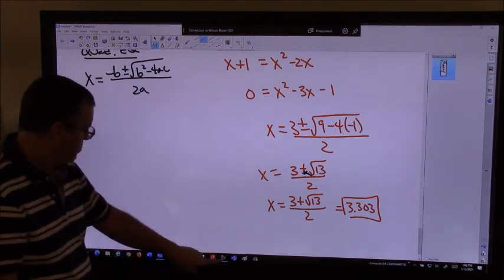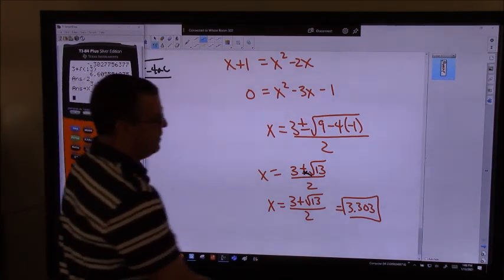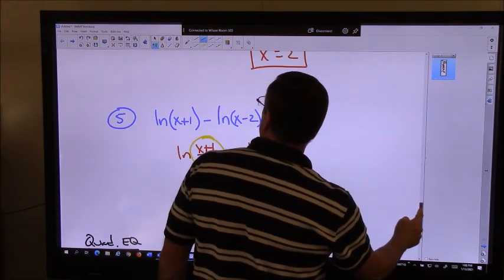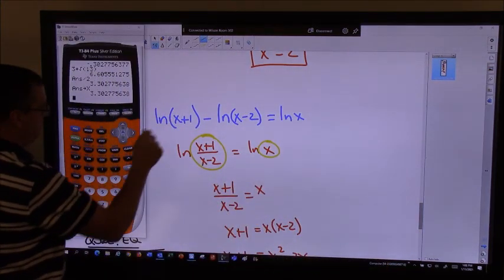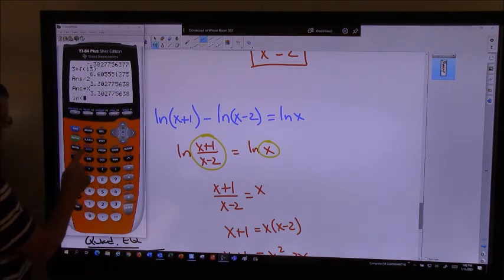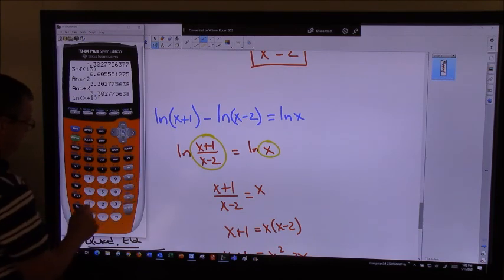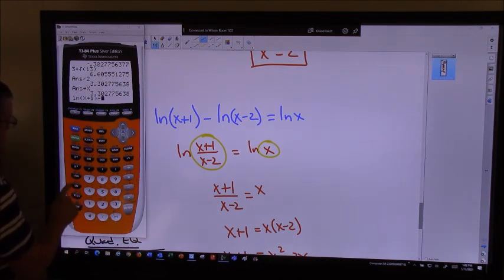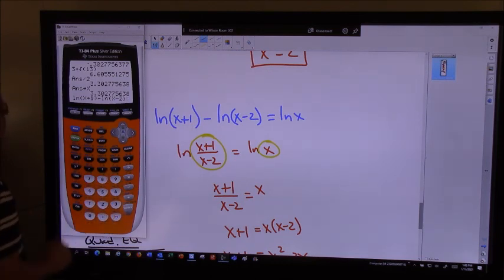Okay, you can even do this with your calculator. Use the store button and go store x. So I just stored that value. And now to check this, I'm going to go back up here and I'm going to do natural log of x plus 1 minus natural log of x minus 2. And then we hit enter.